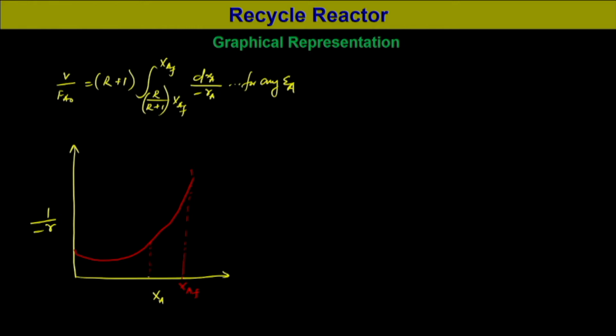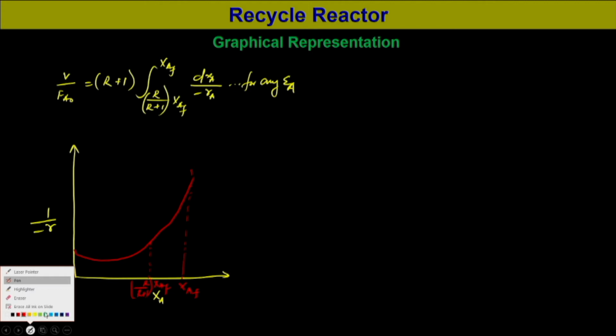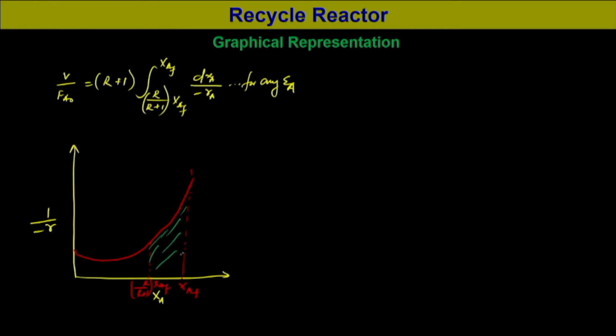So, if we consider this is R by R plus 1 XAF, the area under this curve represents the volume, and if recycle is increased, then considering the overall V by FA naught, it will take the volume which closely resembles the CSTR, the other part.